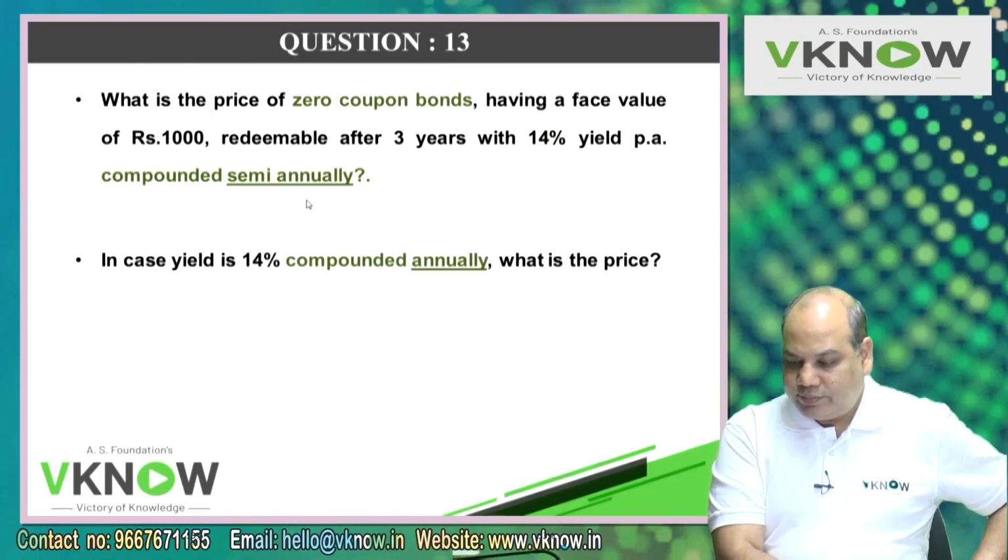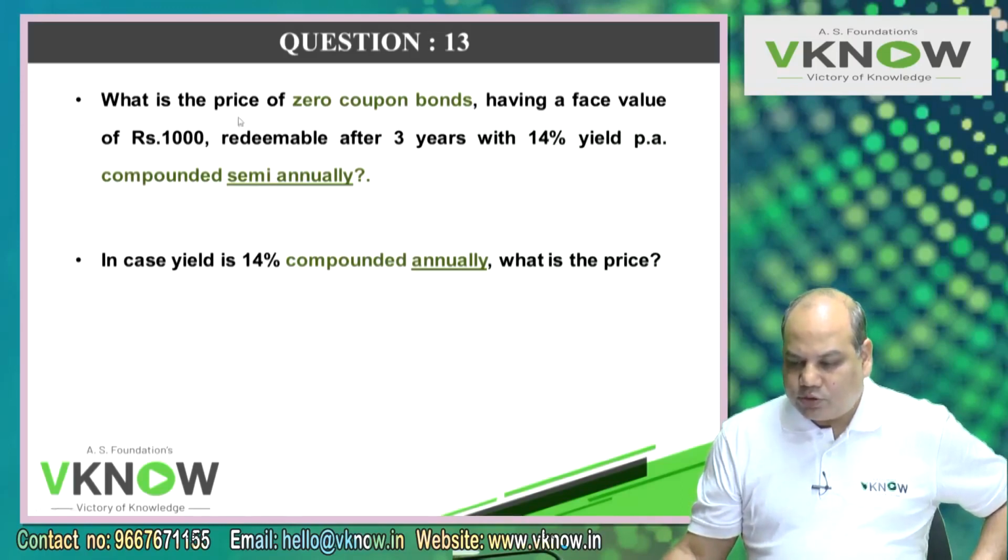You will make 3 changes. One, coupon rate will be divided by 2, but in this case coupon rate will not be there because it's a zero coupon bond. Number of years will be multiplied by 2, that I can do, 3 into 2, 6 years, and the required return will be divided by 2, that is 14 will be divided by 2.